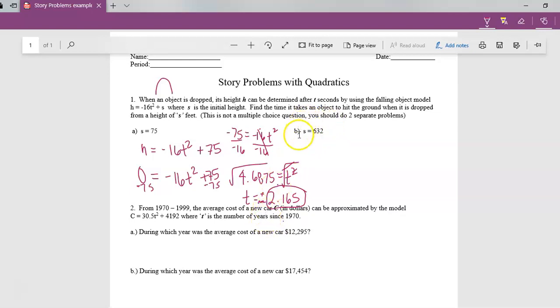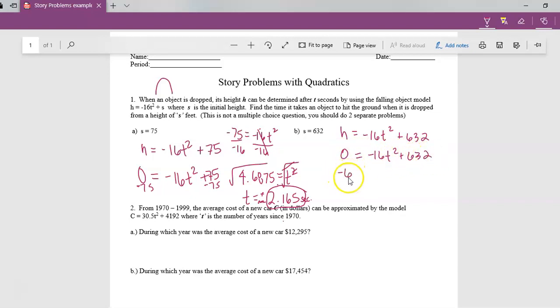Now if we drop it from higher, from 632 feet, I'll put an S here for seconds. We're going to do the exact same process, but instead of putting 75 where s is, we're going to put 632. Set it equal to 0 first, because we want to know when it hits the ground.